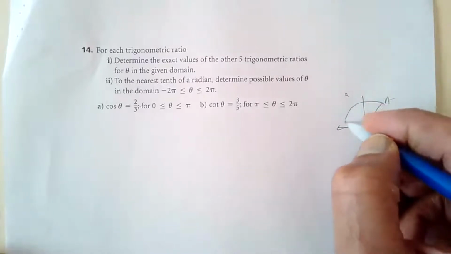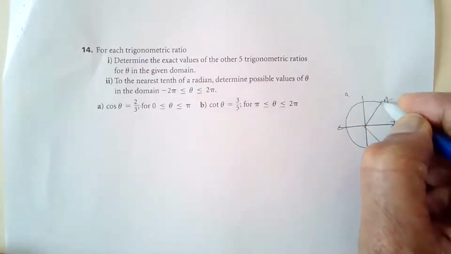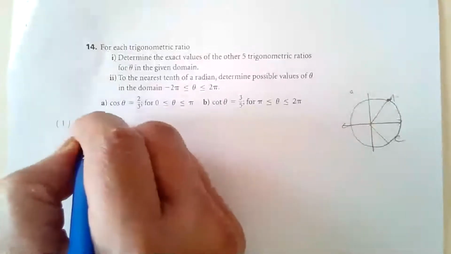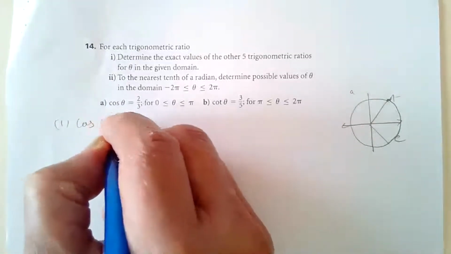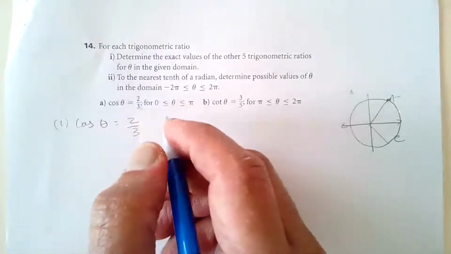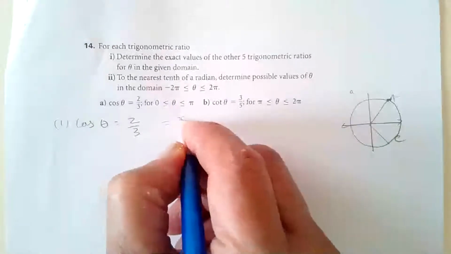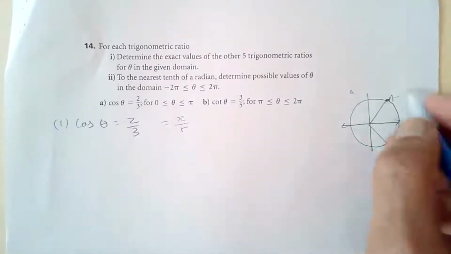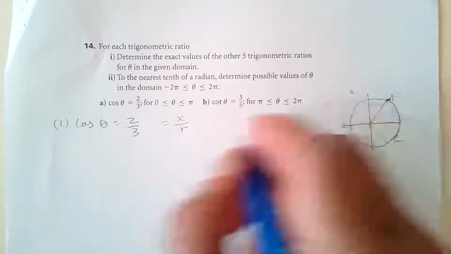So first of all, let's look at the cos here. We have cos theta is 2/3, which is x/r. So we're given the point, right?